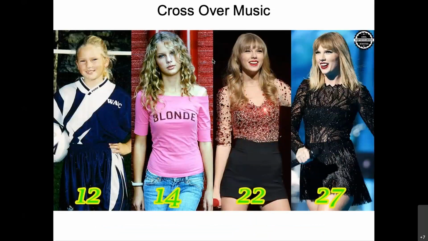She started off as a country artist and grew up as a teeny bopper kind of artist. And then she developed into the pop field, and now she's top of the pop charts, as well as still doing country music. So she has crossed over into developing different styles of music for different styles of fans.